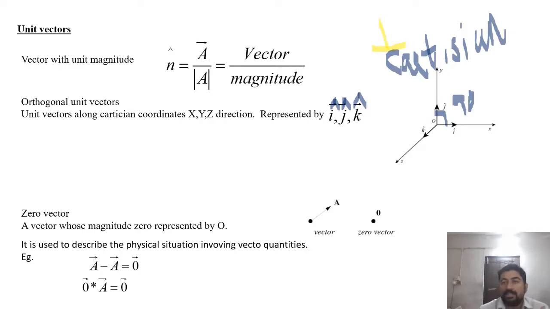So if you find j in some problems, it means your vector is pointing towards the y direction, and k is towards the z direction. So the vectors along the Cartesian coordinates are called orthogonal unit vectors.